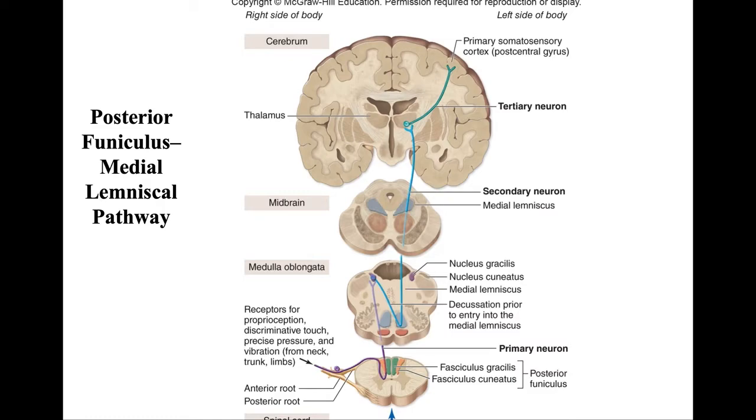Now we're still in the same picture, but this time I'm going up the spinal cord. And if you notice, as I go up the spinal cord, look what happened. I crossed over to the opposite side, and notice the word there, decussation. Earlier we said that if a neuron crosses over like that, we're going to call it decussation.